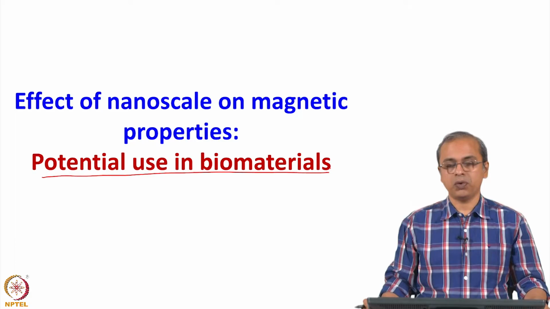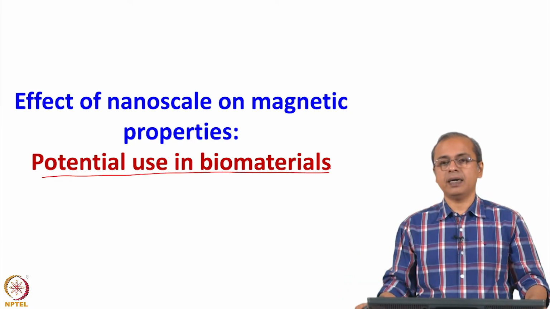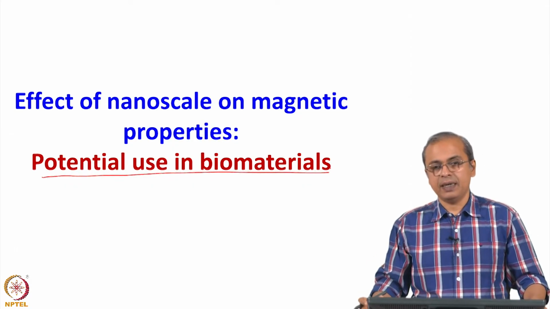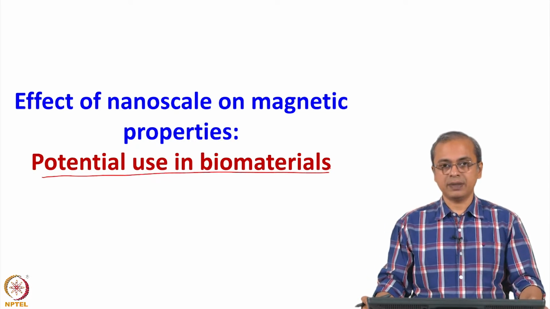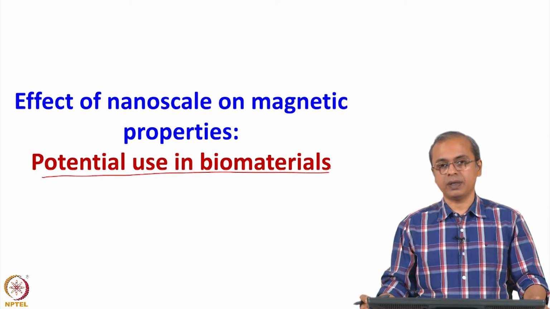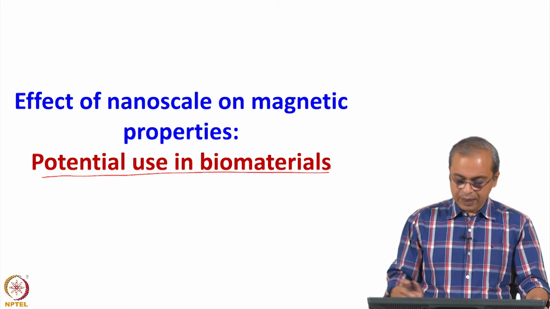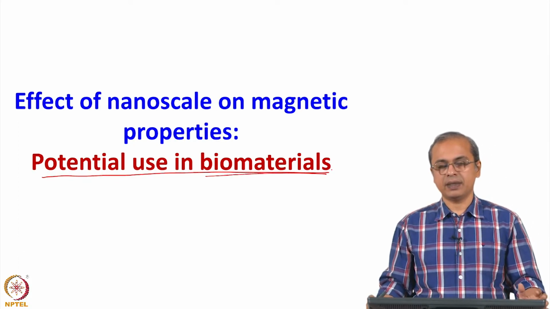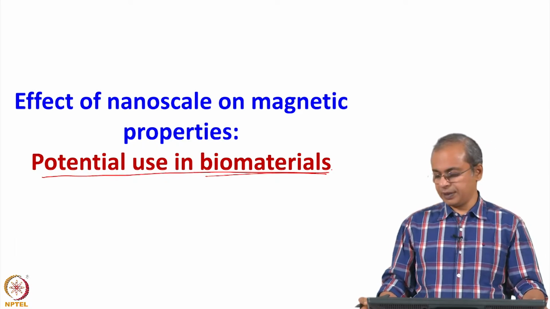After all, a lot of medical applications depend on biocompatible materials and biocompatible processes being developed, so that you can put something inside the human body and actually get it to do something for you the way you want it to happen, and that will assist us in various ways. So, biomaterials by itself is a very fascinating field, and in this class we will look at magnetic properties and maybe some relevance that it might have with respect to bio applications.